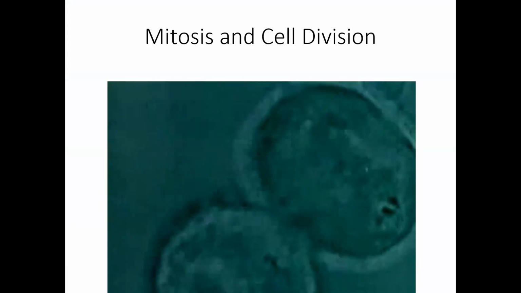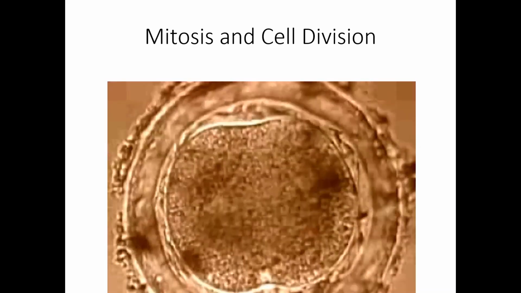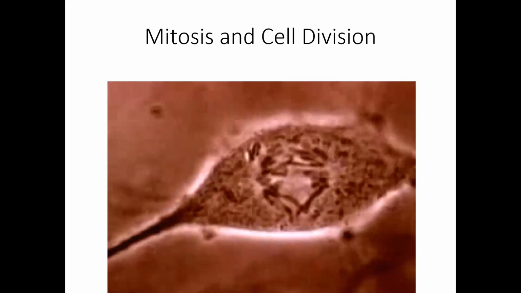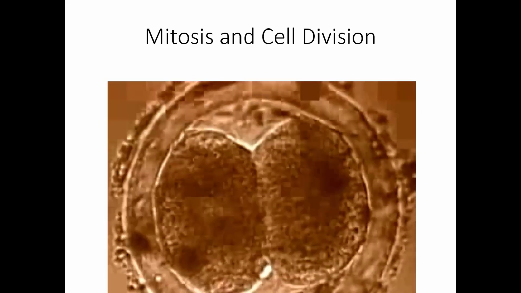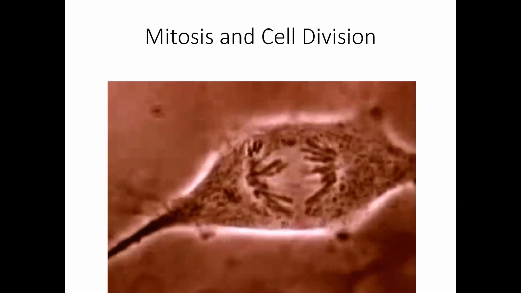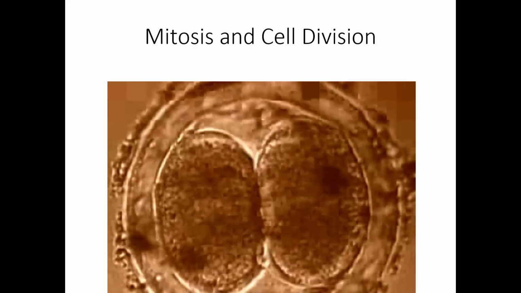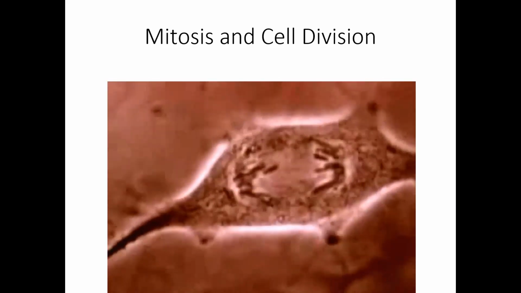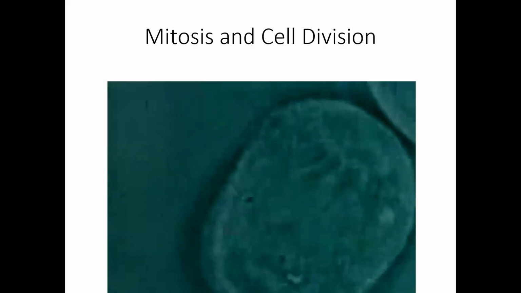This is real-time video of the process of mitosis, going through the four stages. That one there in particular I really like because it's showing the stage of anaphase, where the chromosomes have condensed and start pulling apart. It's the shortest of all the stages. We also see how the cell then divides at the end of mitosis and how quickly it happens too.